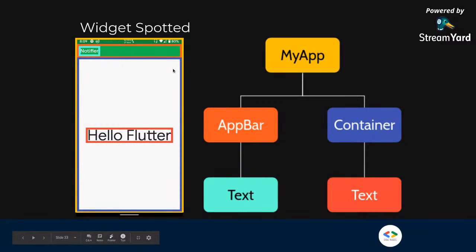In it we have the text. These two widgets have text in each one of them. I have marked that here, so you can see that for yourself. So this is how typically a Flutter developer would look at it.